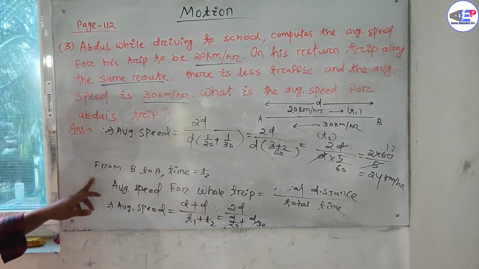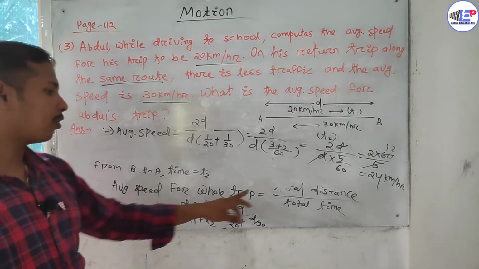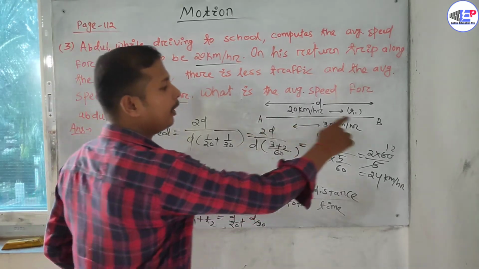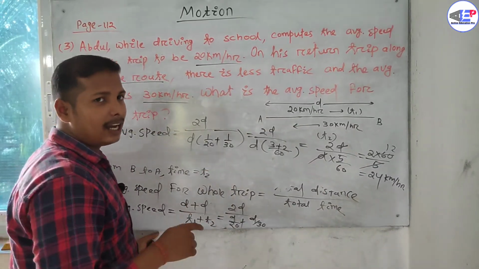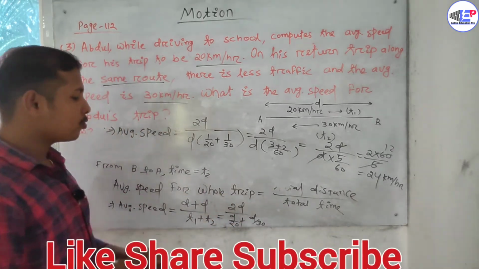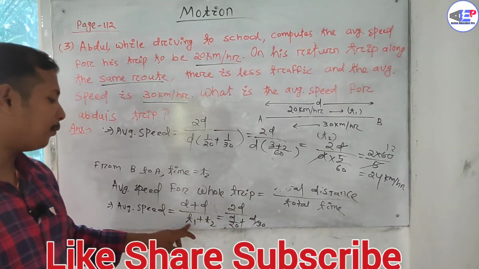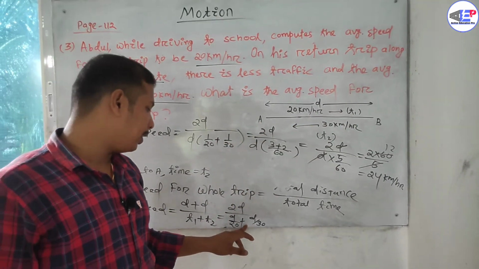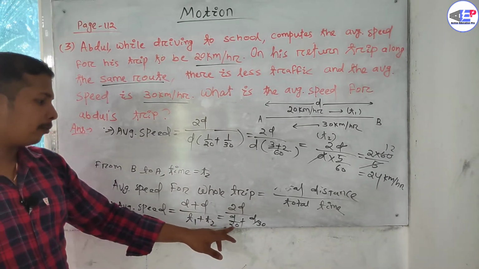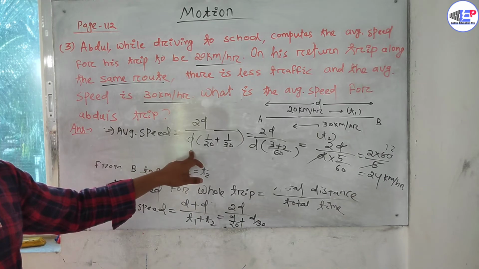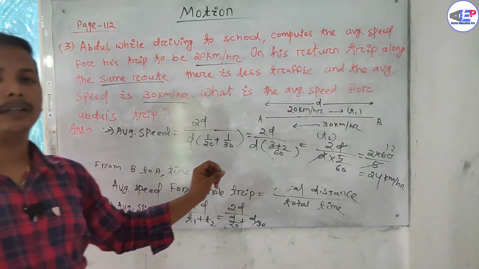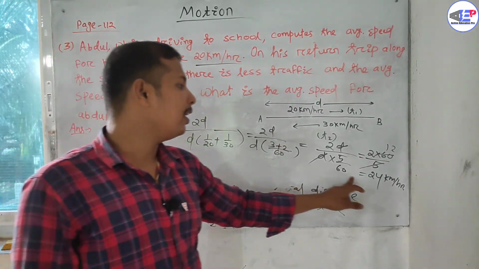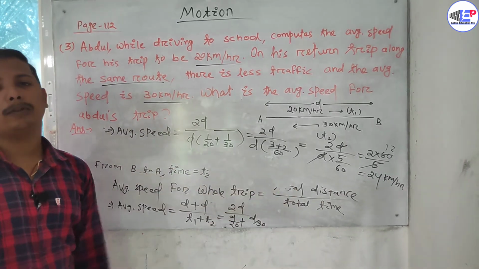Total distance is D plus D, because Abdul goes from A to B, which is distance D, and from B to A it covers another D. So the total distance will be 2D, and total time will be T1 plus T2, that is D by 20 plus D by 30. From the denominator we can take common D, and then we calculate the LCM, which is 60. By calculating, we see that the average speed becomes 24 km per hour.